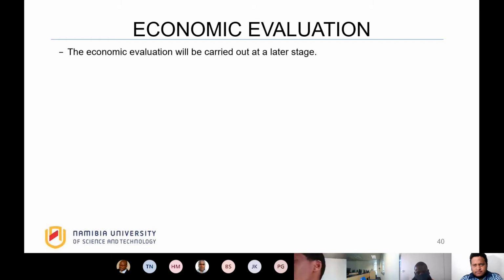So the economic evaluation is really important, and we should keep it in mind as we carry out our decisions on designing these specific equipments for these specific units.